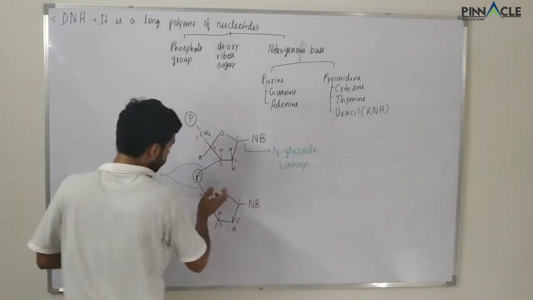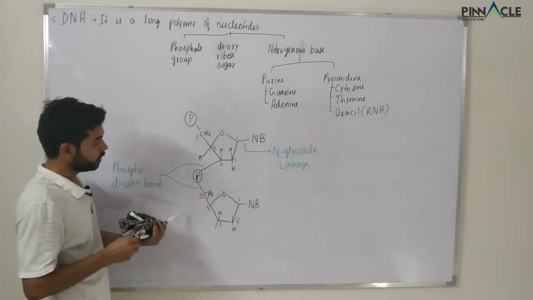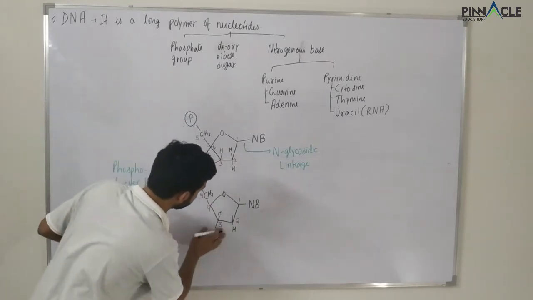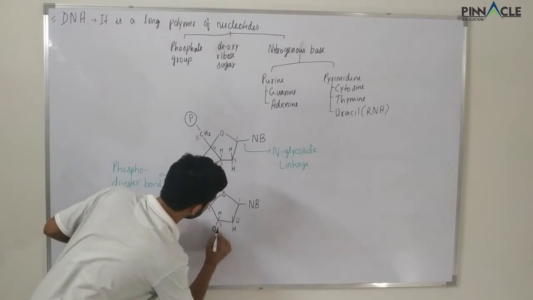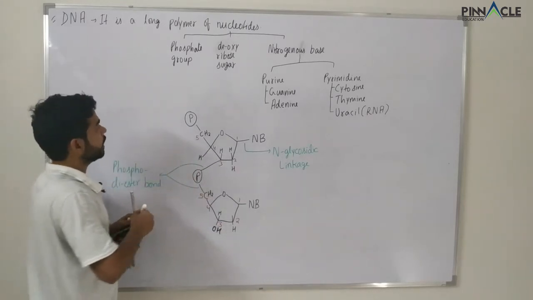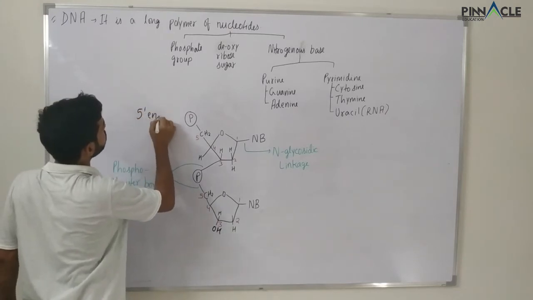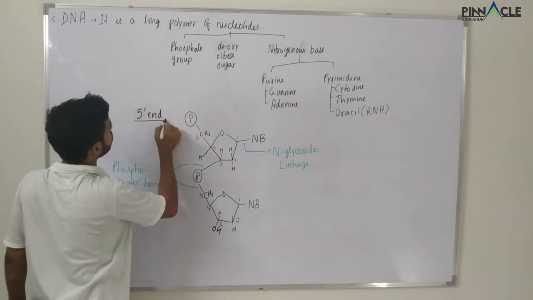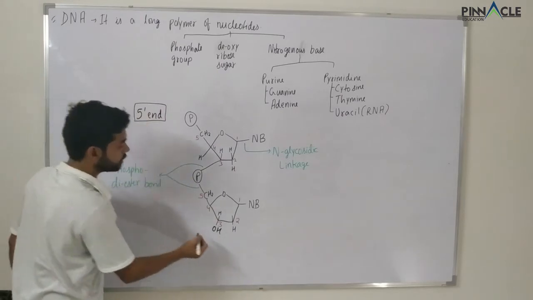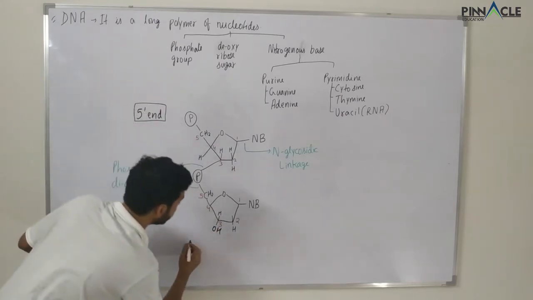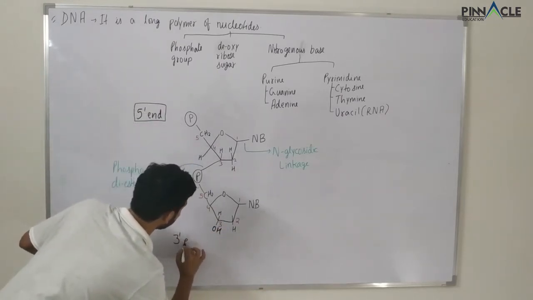Here there are no other nucleotides, so we will draw the OH group. So this end is called the 5' end, and this end, because this is the third carbon, will be called the 3' end.